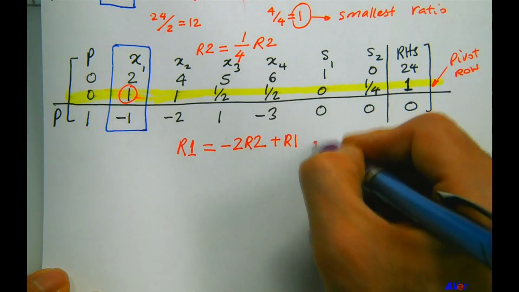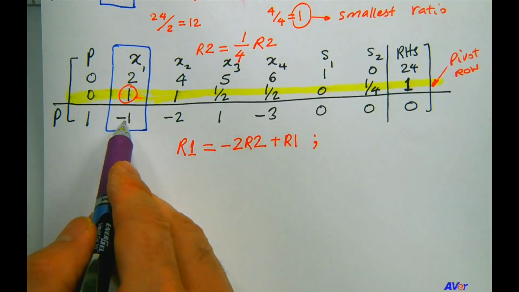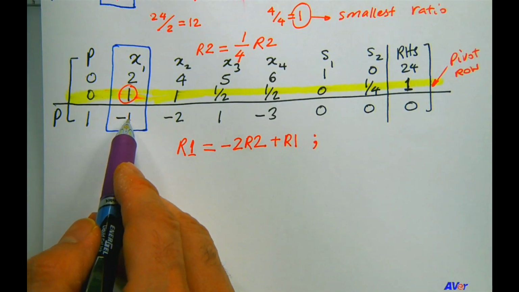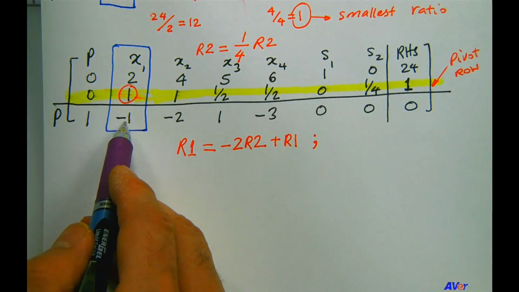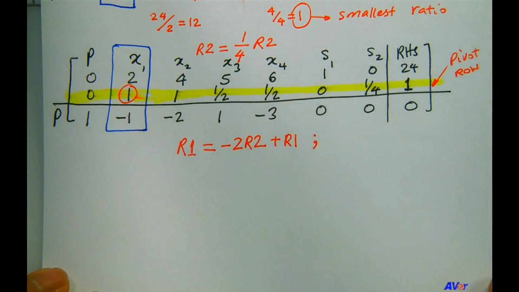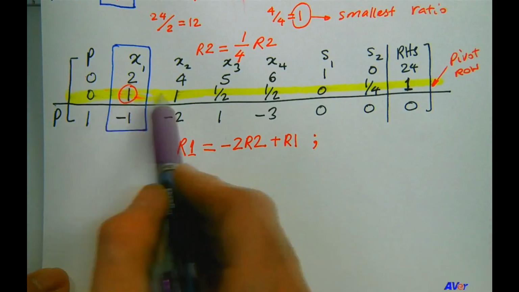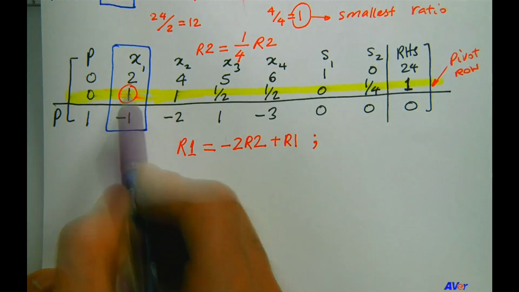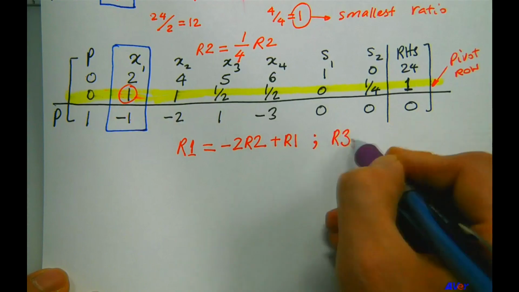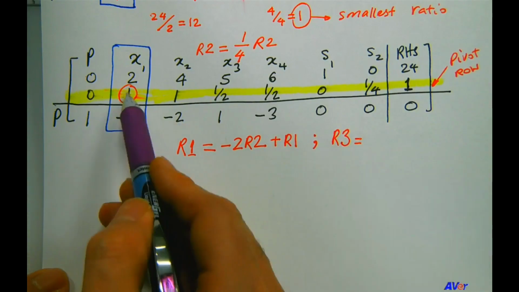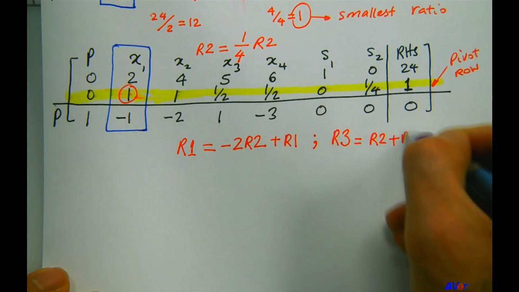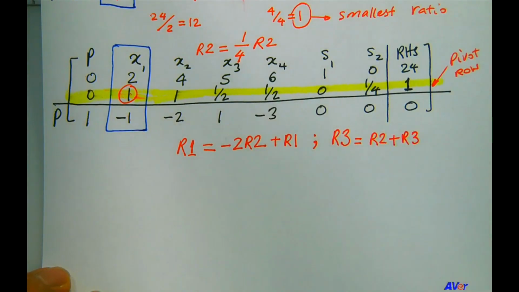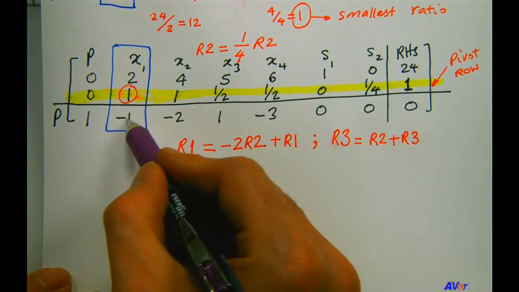Okay, so that's that. Then to change this negative 1 to 0, all we need is a positive 1, so we can add it to this negative 1 and get a 0. Fine, but where is the positive 1 going to come from? It's going to come from the pivot row. It's right there. So to change row 3, all we need is to add row 2 to row 3. Row 2 plus row 3. Right? So our objective is to convert this negative 1 to 0.